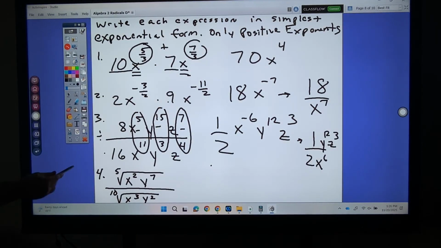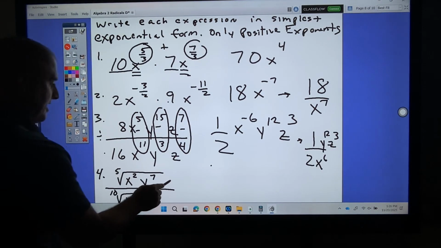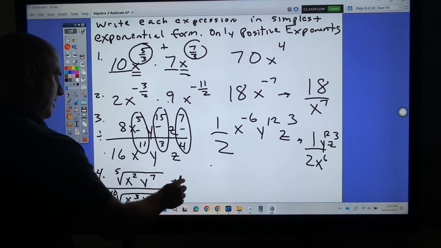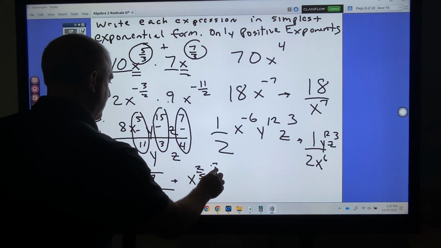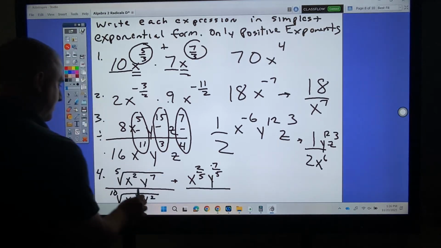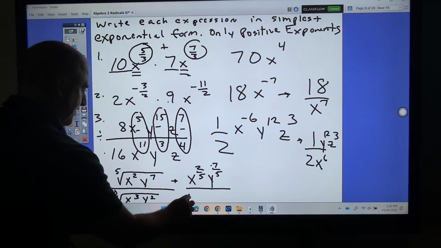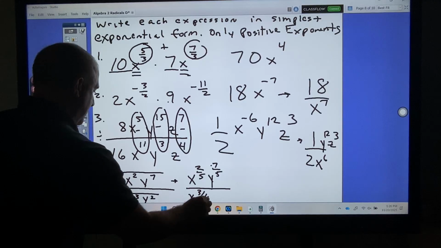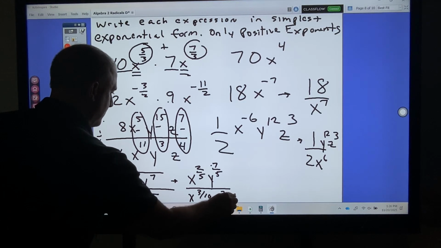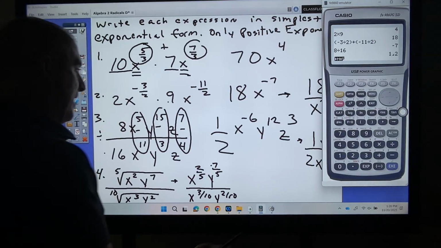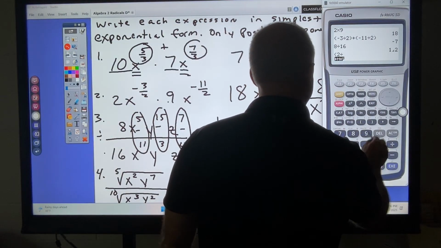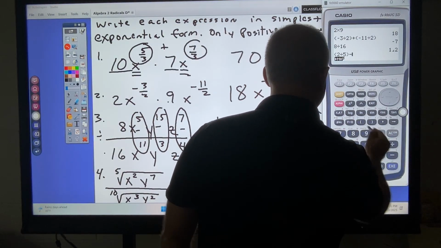Okay, now, what should I do with this one? Well, I should write this in exponential form first. So this is x to the 2/5. This is y to the 7/5. Okay, because that's the exponent, that's the root. This would be x to the 3/10, y to the 2/10. So I'm going to subtract those. I don't have any numbers out front, so I don't have to worry about that. 2/5 minus 3/10.